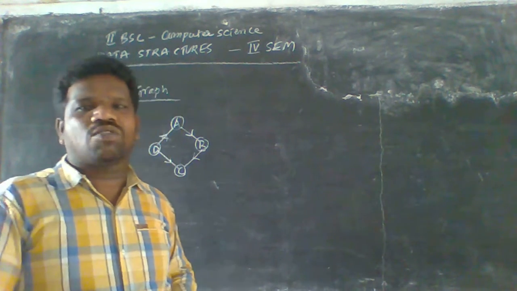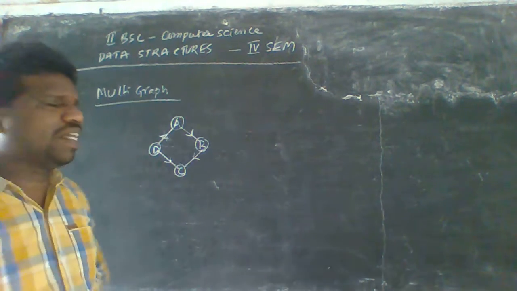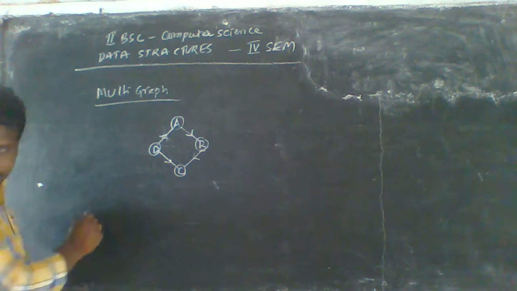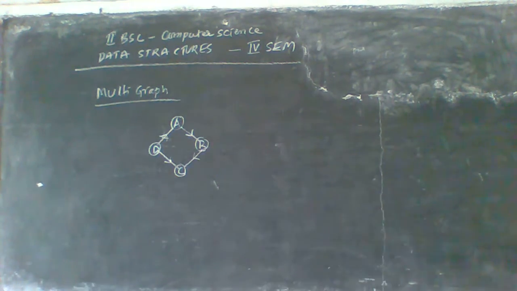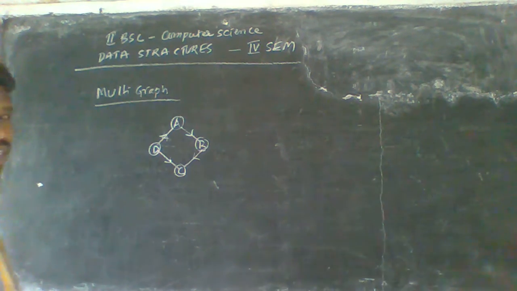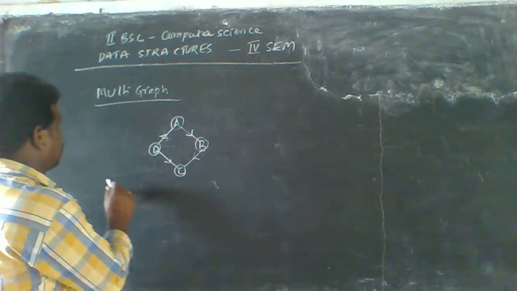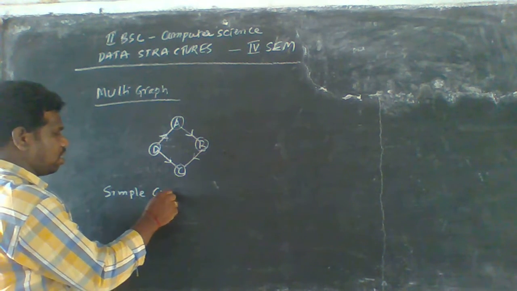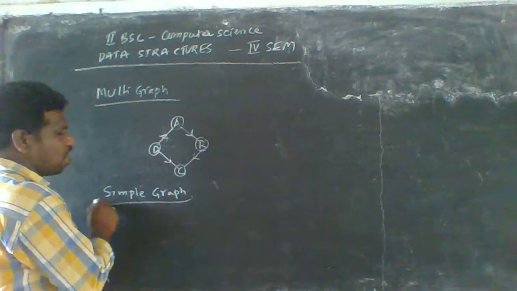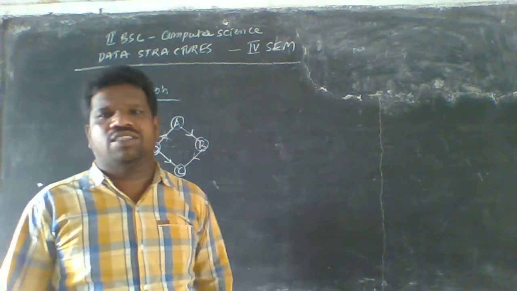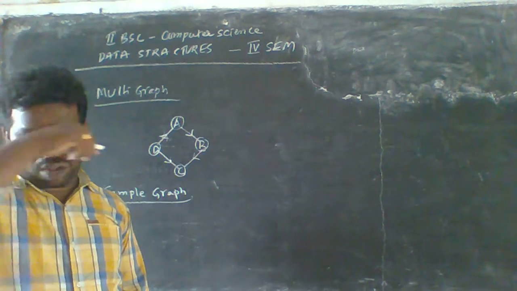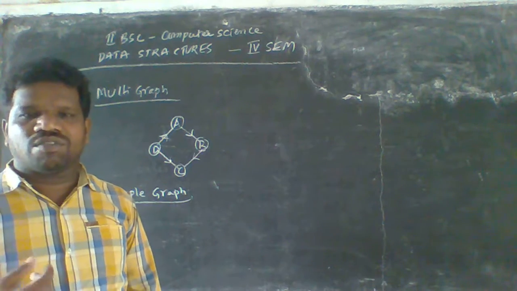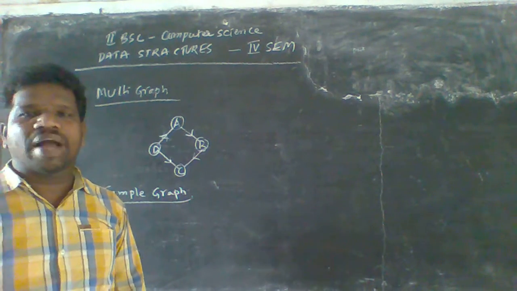The next topic is the simple graph. What is a simple graph? A simple graph is a graph in which there are no parallel edges.